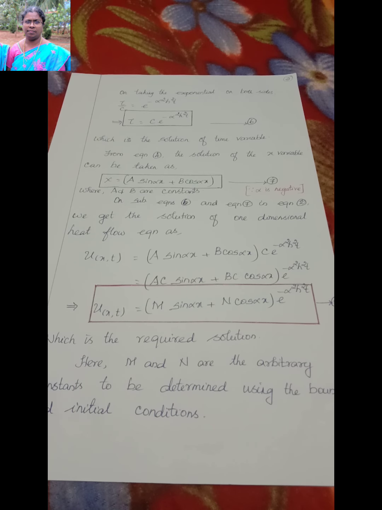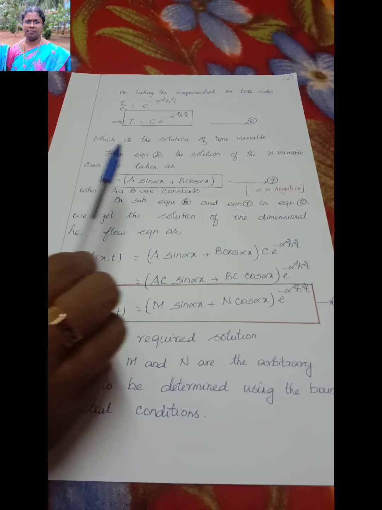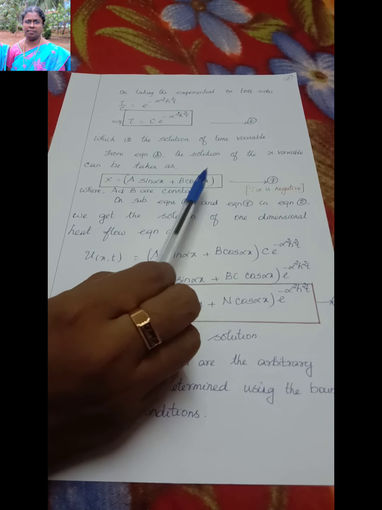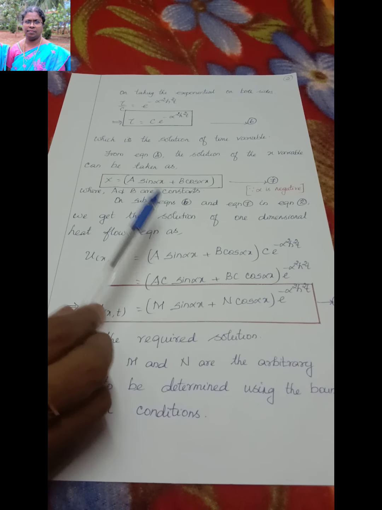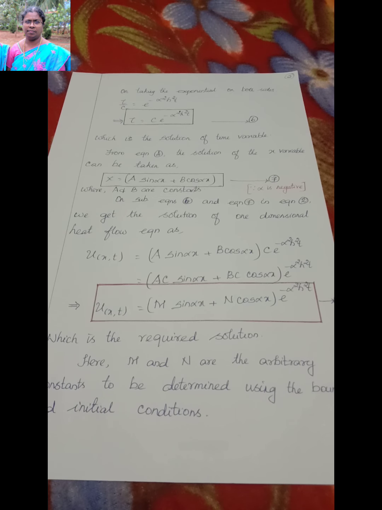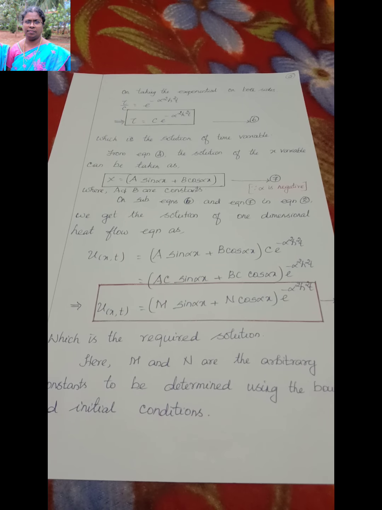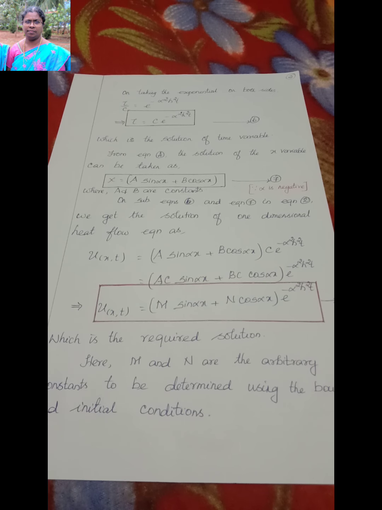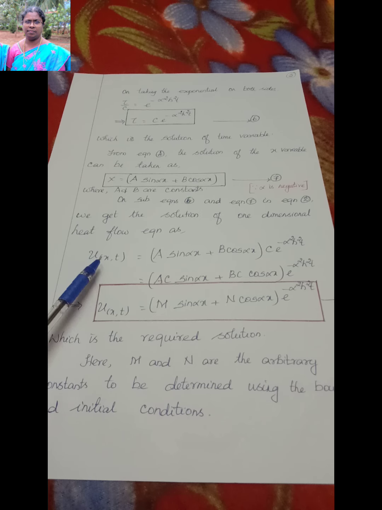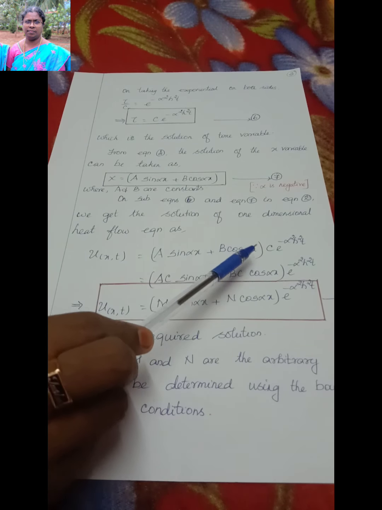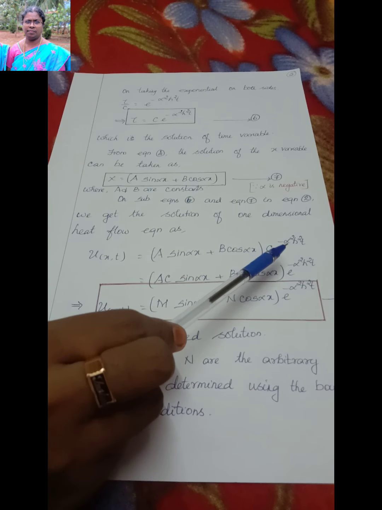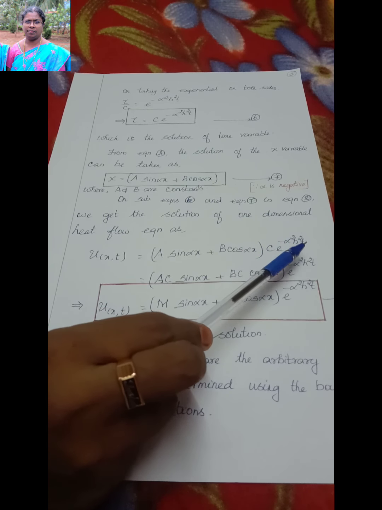Similarly, from equation 4, the solution of the x variable can be taken as X = a sin αx + b cos αx, that is equation number 7, where a and b are constants to be determined. Now, on substituting equations 6 and 7 in equation 2, we get the solution of the one-dimensional heat flow equation as u(x,t) = (a sin αx + b cos αx) c e^(−α²h²t).